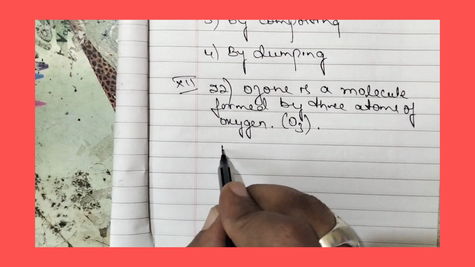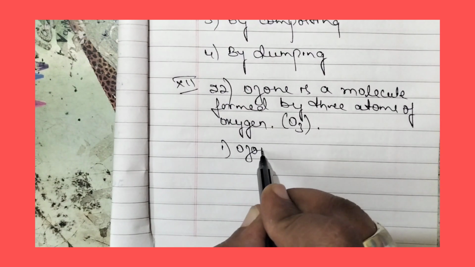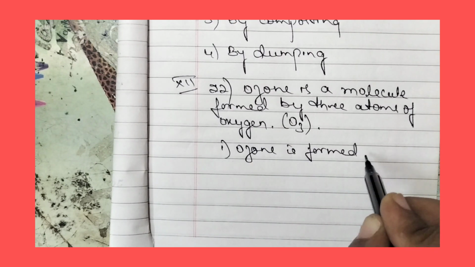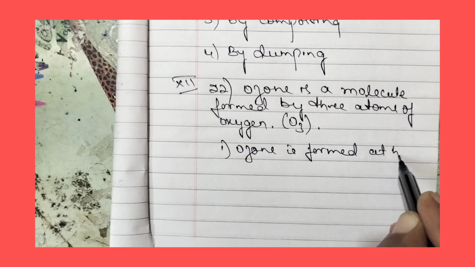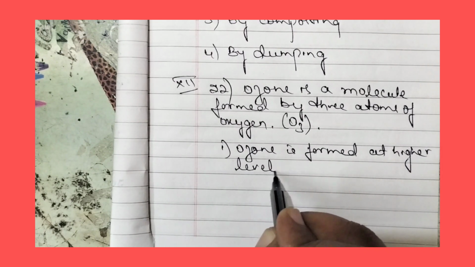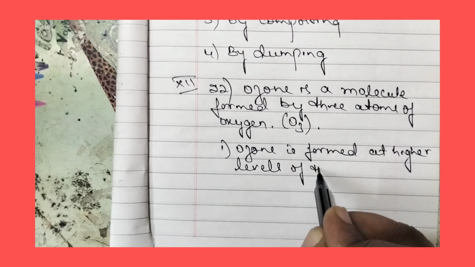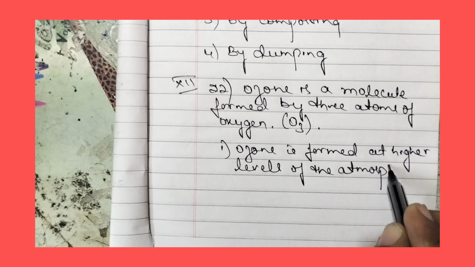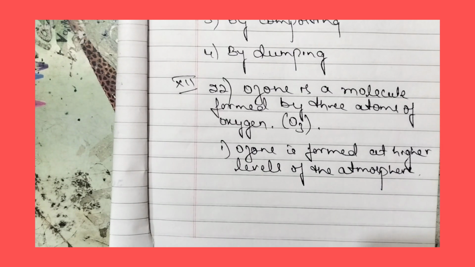Then how is ozone formed? Ozone is formed at the higher level of the atmosphere.